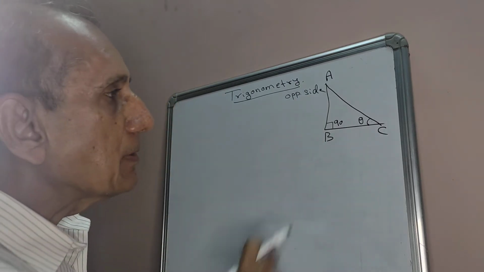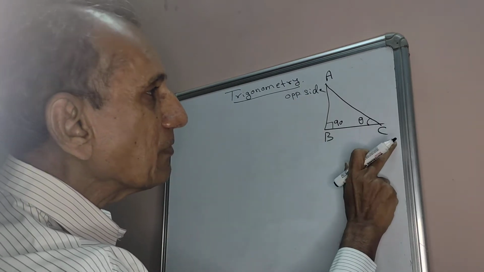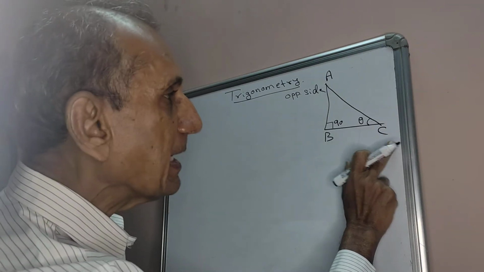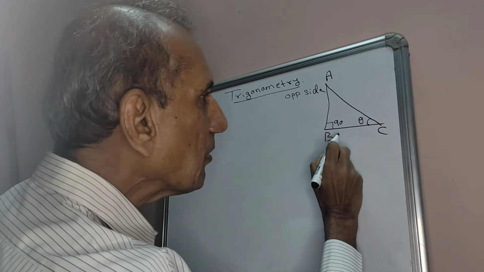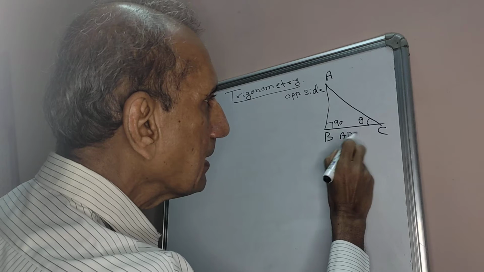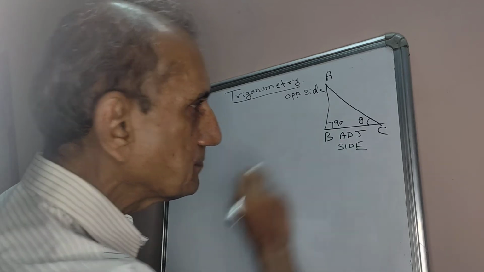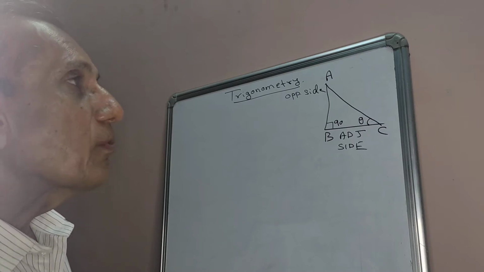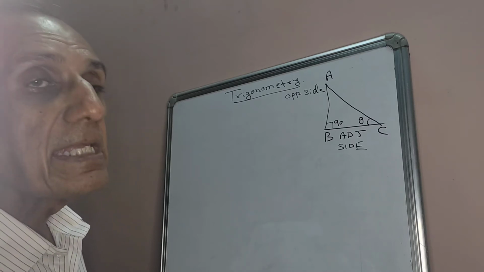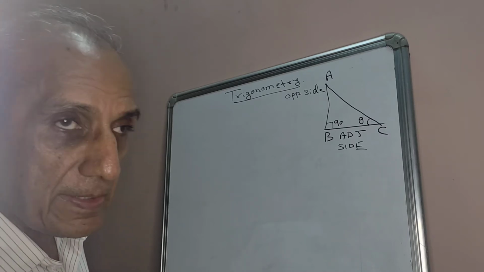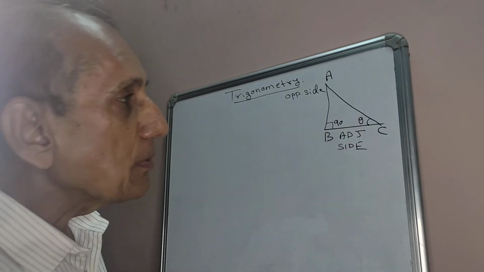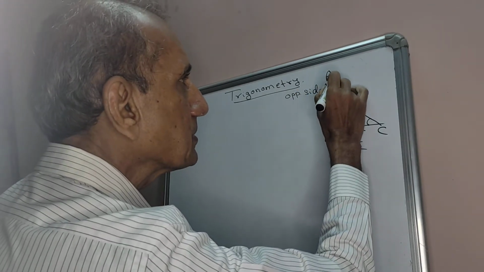Now this side BC, we find that this happens to be adjacent to theta. So we call this side the adjacent side. And you all know that in any given right angle triangle, AC is always called the hypotenuse.